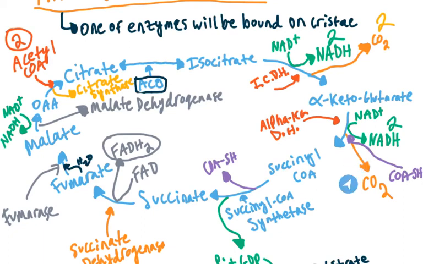We're not going to release 1 carbon dioxide molecule, we're going to release 2 carbon dioxide molecules. Again, we're not going to add in 1 coenzyme A group, we're going to add in 2 coenzyme A groups in total, because our Krebs cycle is turning twice, once for each acetyl coenzyme A molecule. We're not going to release 1 coenzyme A molecule, we're going to release 2 coenzyme A molecules.